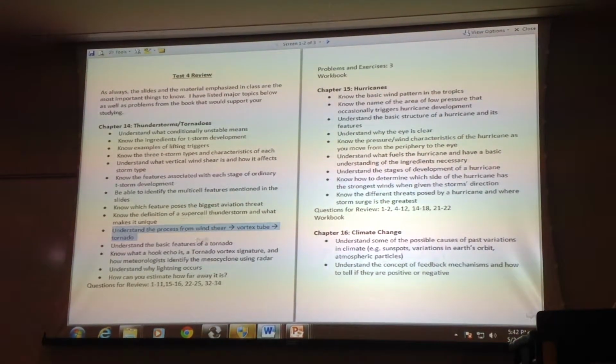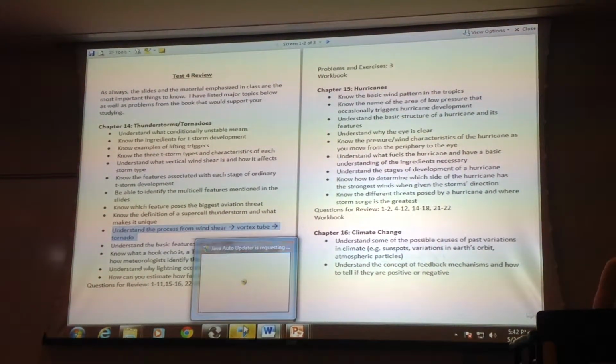Know the process from wind shear to vortex tube to tornado. Anybody want to take a shot at explaining that? How do we go from a wind sheared environment to the formation of a vortex tube to a rotating updraft? It starts out flat, rotating just around. Right, horizontal.